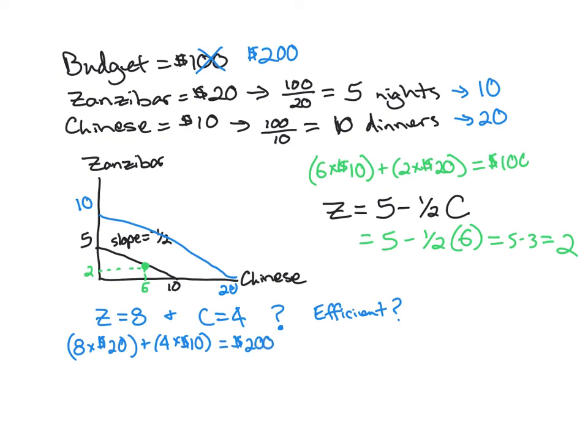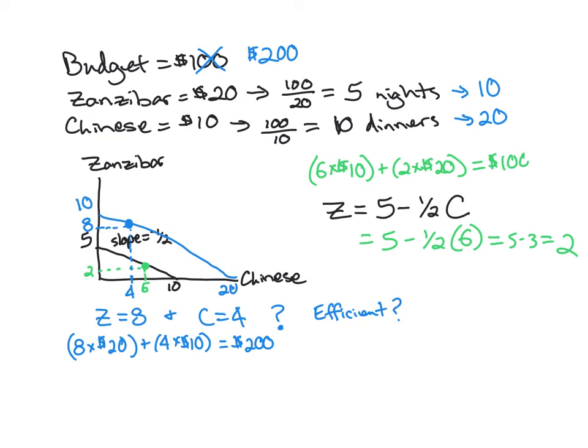We can draw this up in the graph, the new graph that we made. So if she goes to the Chinese 4 times, she can still just exactly go to Zanzibar 8 times, and she will exactly spend her $200 budget, no less and no more.